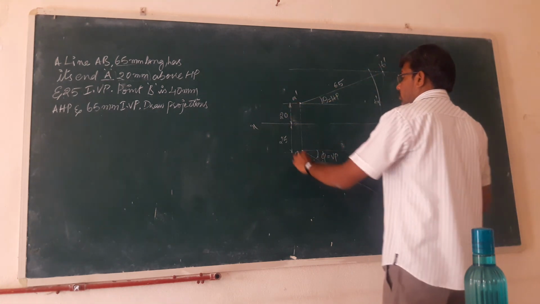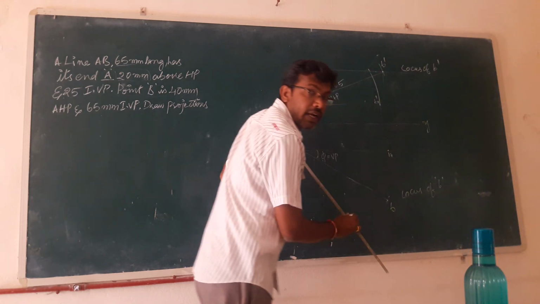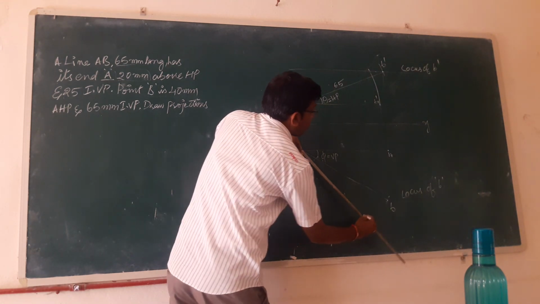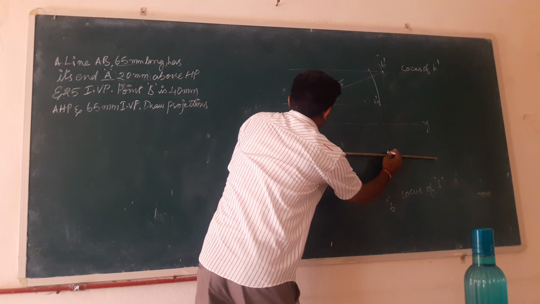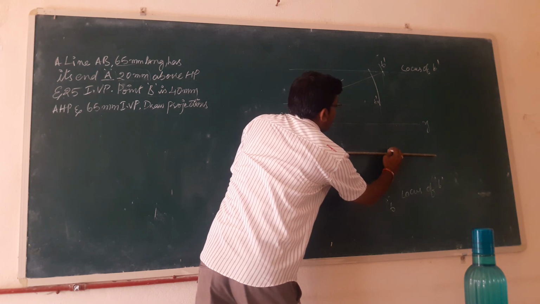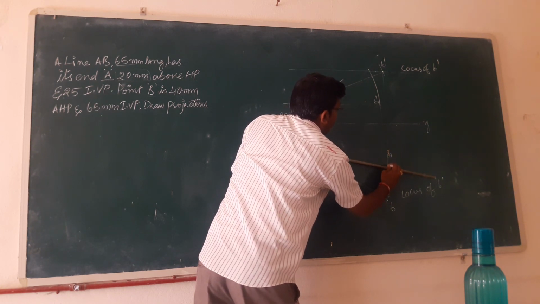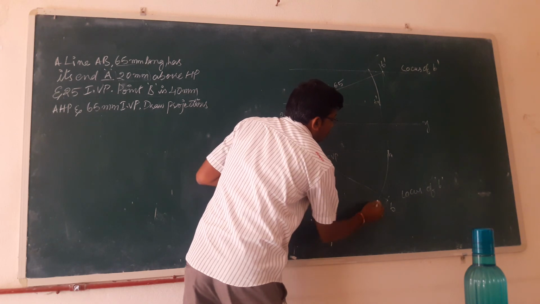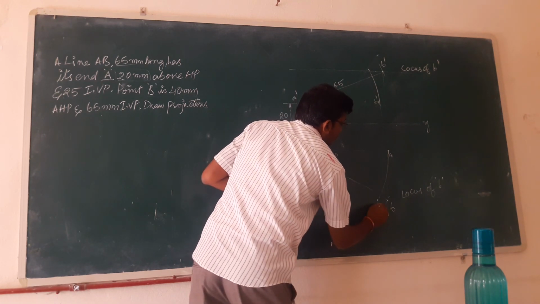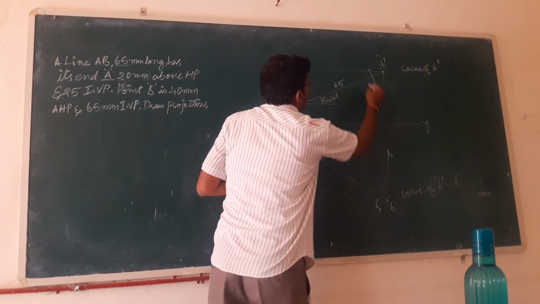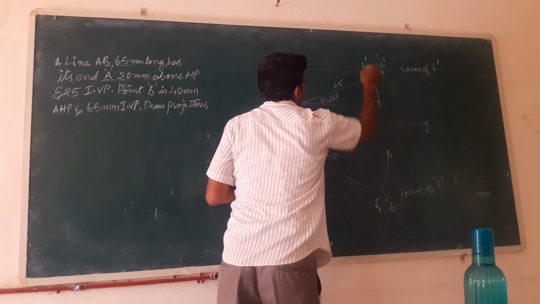For this length, I will draw an arc. So now this is B1 and this one is B1 dash.